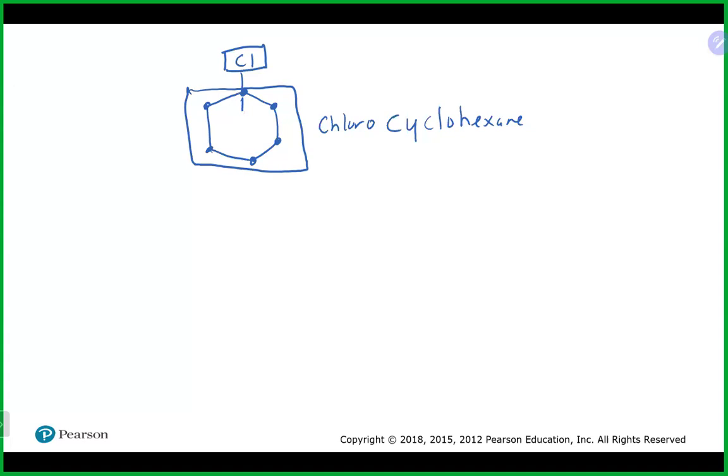So if you have just 1 group attached to any cycloalkane, you do not need to give the location because wherever it's at is going to be carbon number 1, because that's where you would start numbering. Just like if I drew it like this, that is still chlorocyclohexane, and my carbon number 1 would be here in this case. That's the same thing, just rotated around.